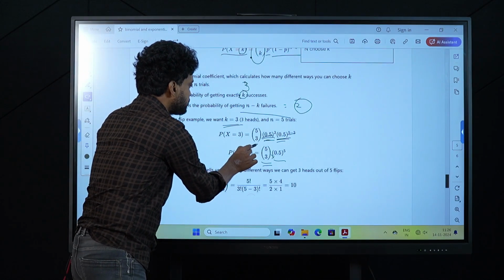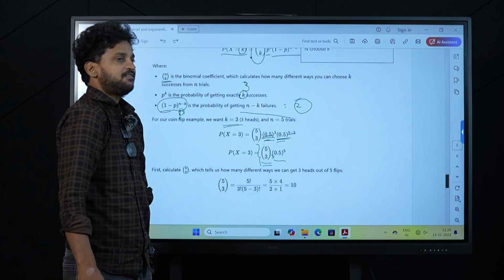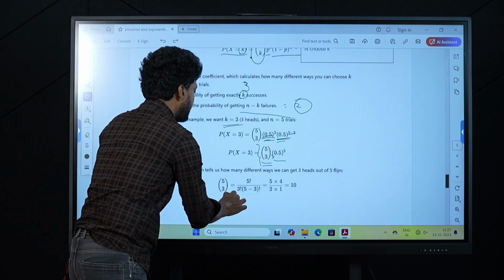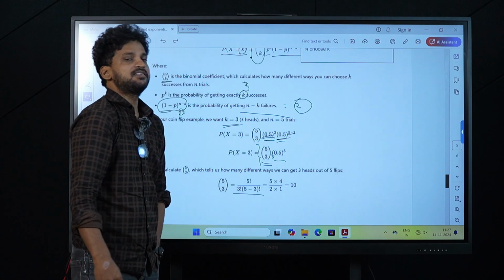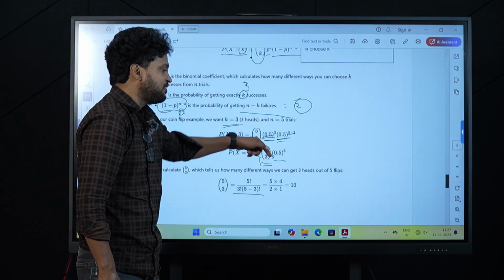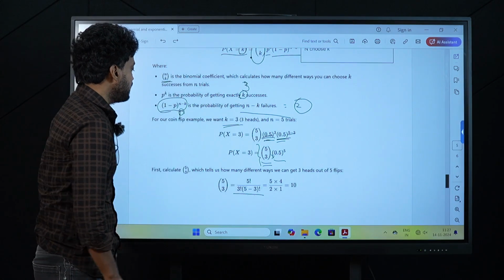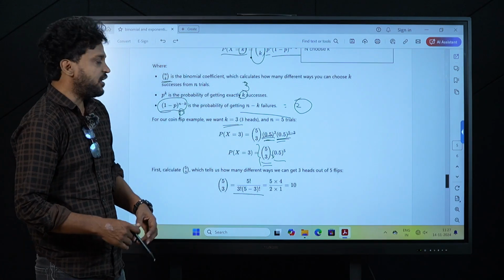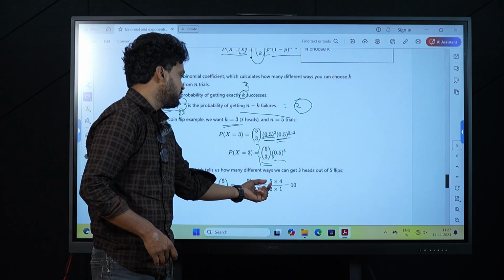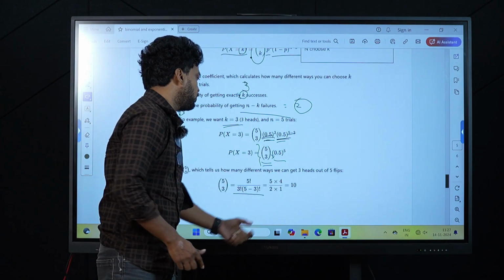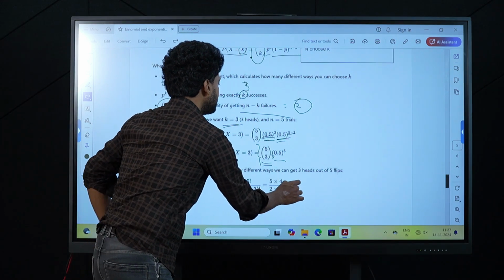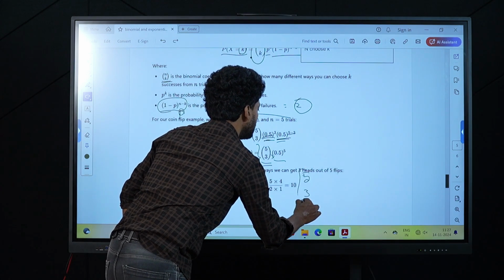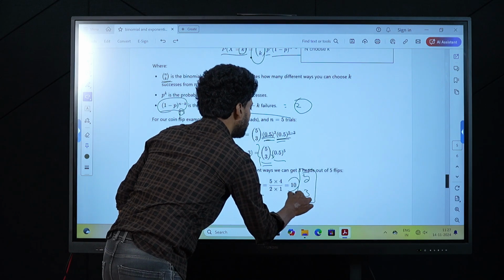Now, how is 5 choose 3 calculated? 5 choose 3 is 5 factorial divided by 3 factorial into (5 minus 3) factorial. Simplifying, it is 5 into 4 divided by 2 into 1, which is equal to 10. This is the value of 5 choose 3.